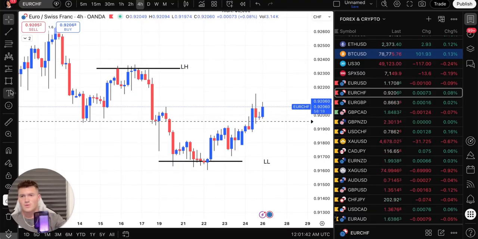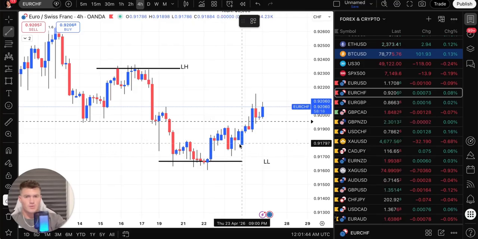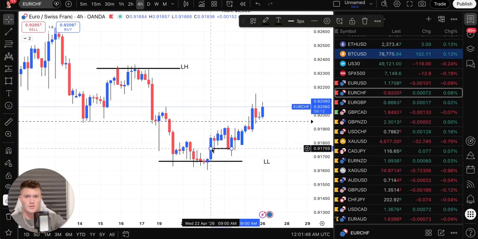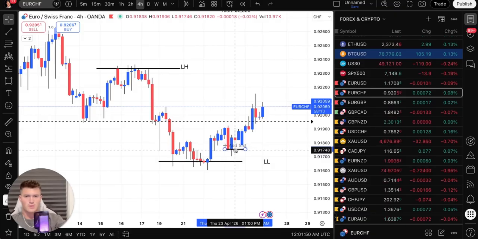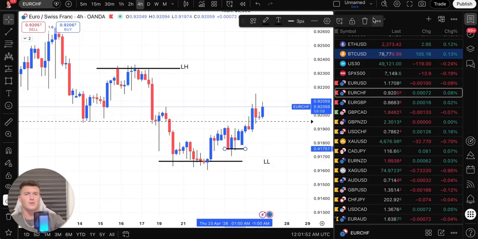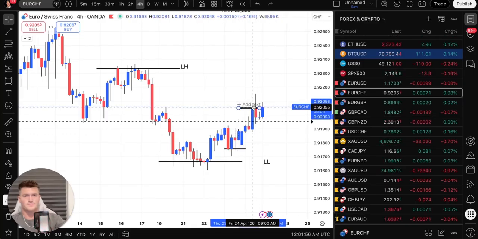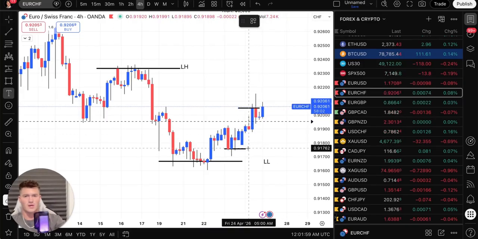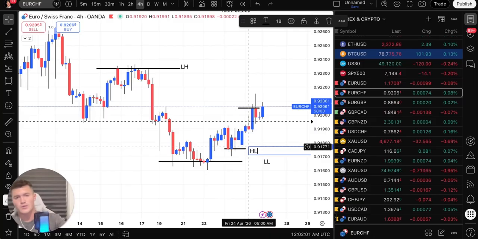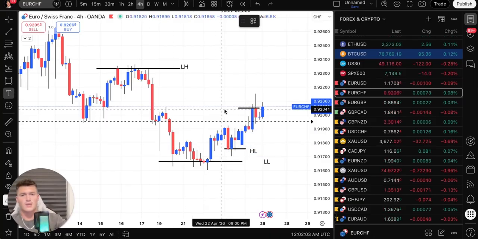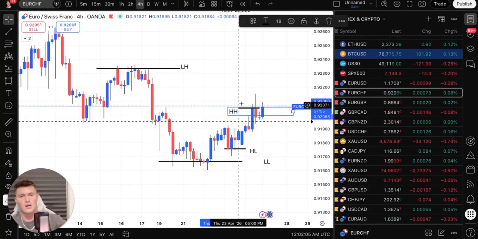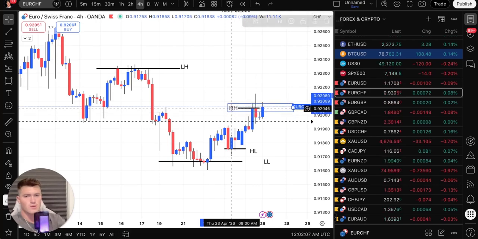So in the 4-hour, let's make our little marks here. Go from this elbow right here. Let's clone that. We've got a higher low and a higher high right here.